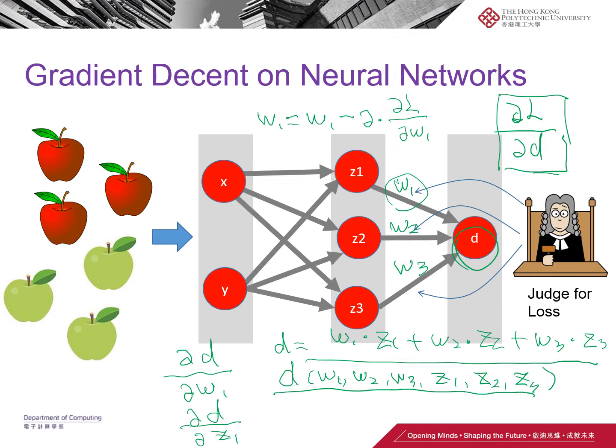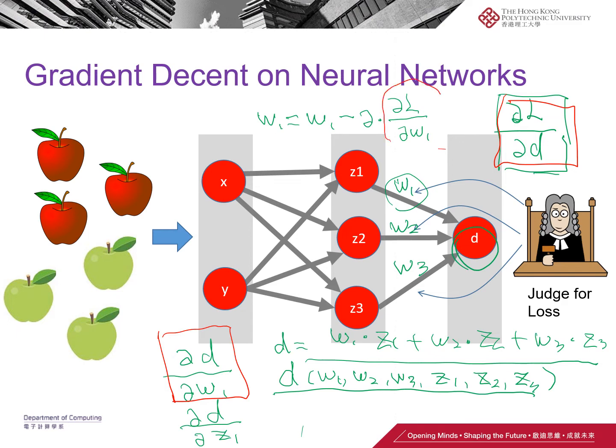Now, you can actually use the chain rule, because even though right now we don't know this part directly, what we have is this part and this part. We know this part because we know the representation, and we know this part as well.